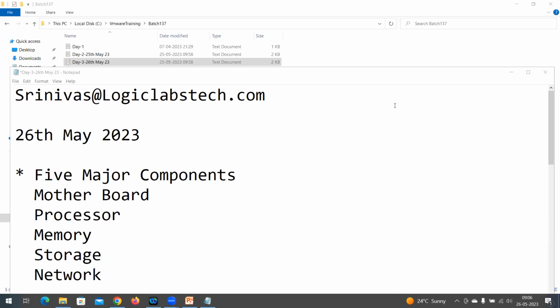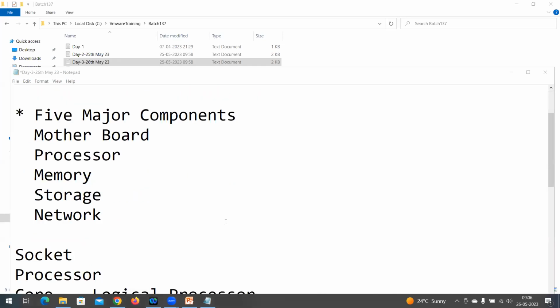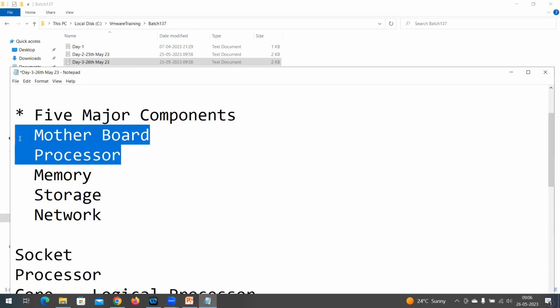There are 5 major components: motherboard, processor, memory, storage, and network. We covered the motherboard, how it looks, and the processor.